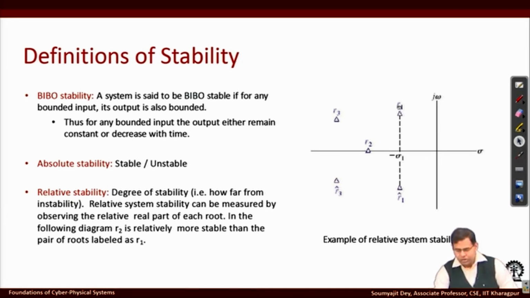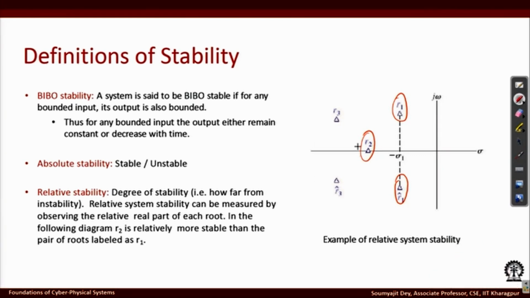Suppose you have a system which has the roots of the denominator polynomial at these positions, and let's say you have another system where you have the pole located here. The idea is that this is more into the left of the plane, the negative real part is more, so the system would have more damping and should settle down faster towards its eventual reference value, and it's more stable because it may have fewer oscillations and the damping is larger here.